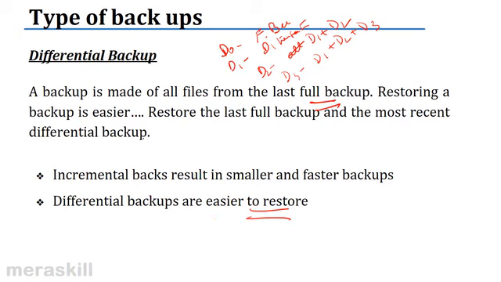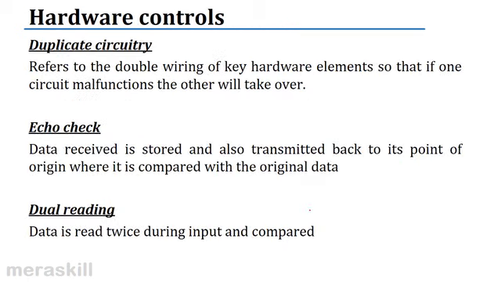Incremental backups result in smaller, faster backups, but restore is more difficult, more time consuming to restore. Differential backups are easier to restore, but as the days go by, they become more and more time consuming.